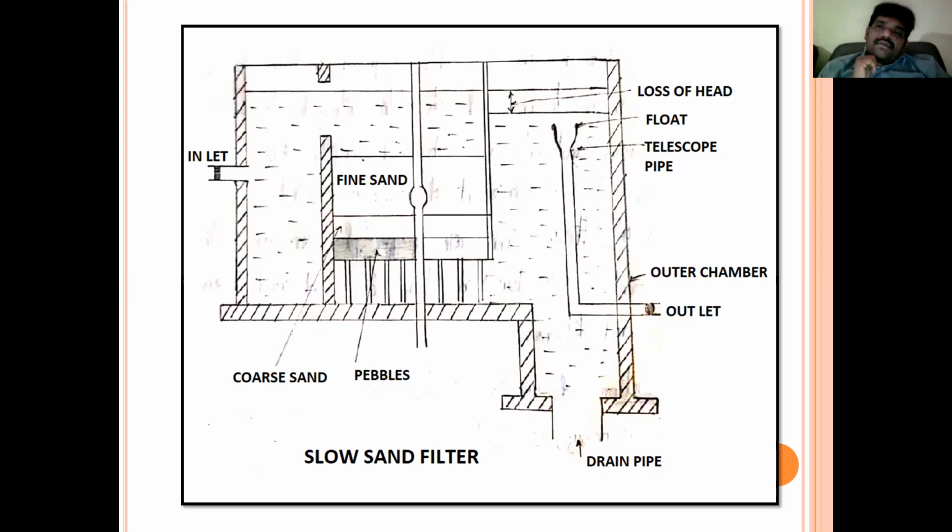Understand? One more time. See here, through this inlet, water enters into the inlet chamber. This is the filter media, the complete filter media. The water is distributed uniformly on the sand bed, which is made up of 15 to 20 mm layers.